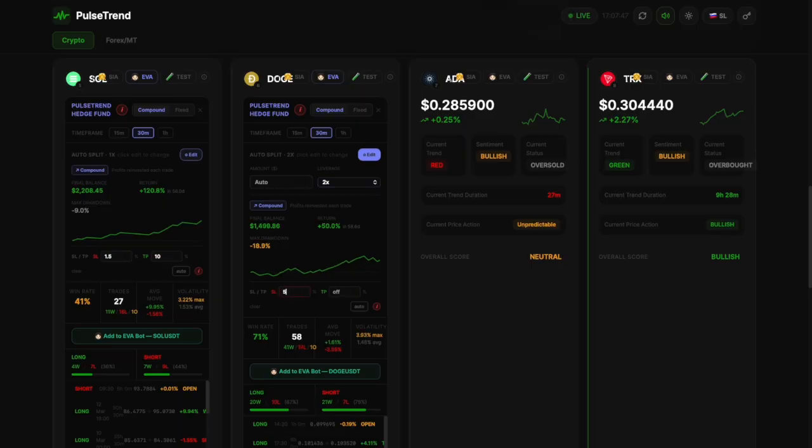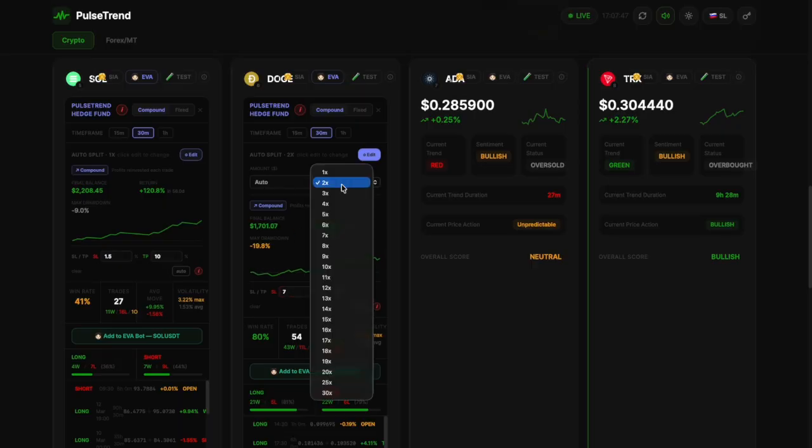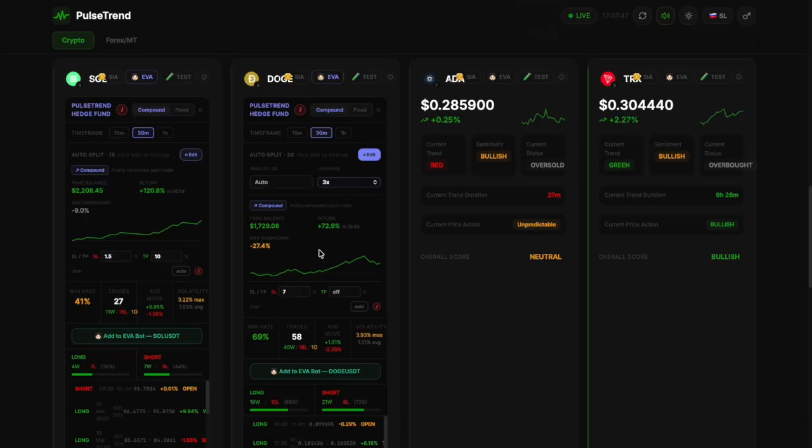So maybe I could just play around the stop loss. Okay, we get a 70, and maybe use a 3x. Okay, and we can see, if we play around a little bit, off the 30-minute in 60 days, we got a 69% win rate with 58 trades, 40 wins, 18 losses, and a pretty decent return with 3x leverage and a drawdown of 27%.